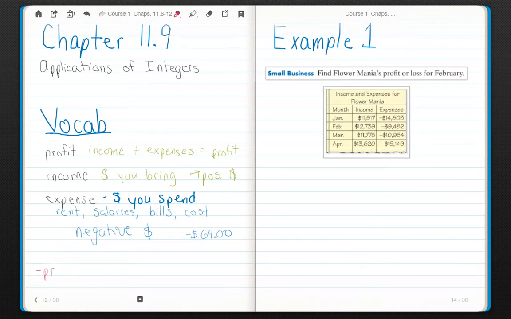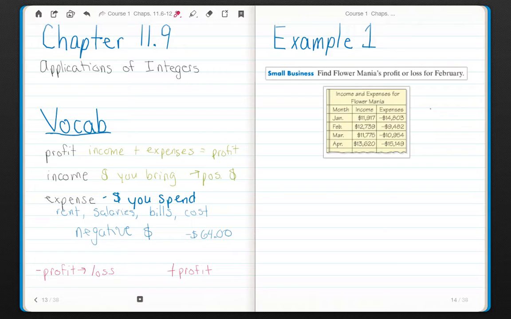Negative profit is called a loss. It means you lost money. It cost you money out of your personal pocket to pay all of your expenses because you didn't bring in enough money. Okay? Positive profit is good. That means that you brought in more money than you had to pay out in expenses.